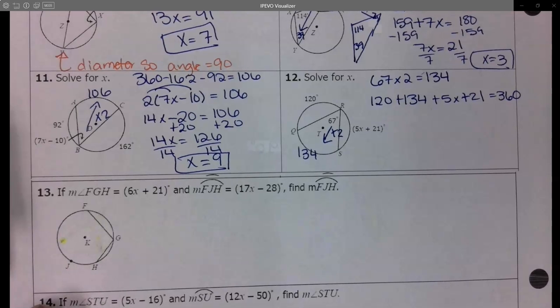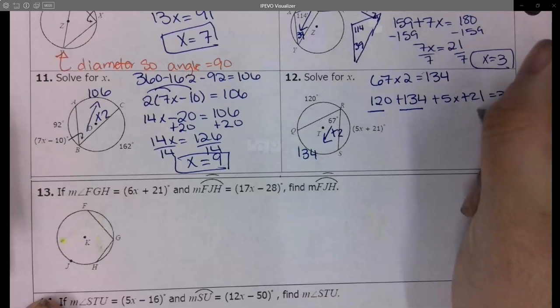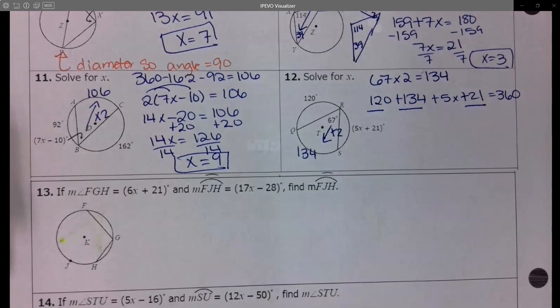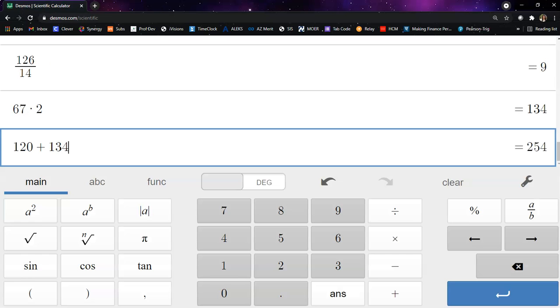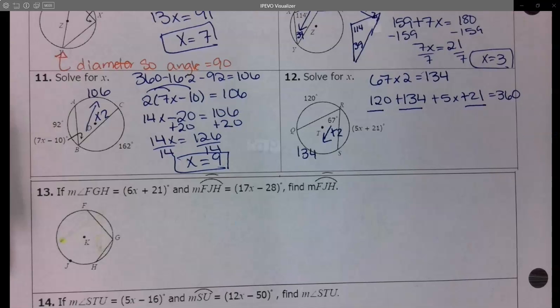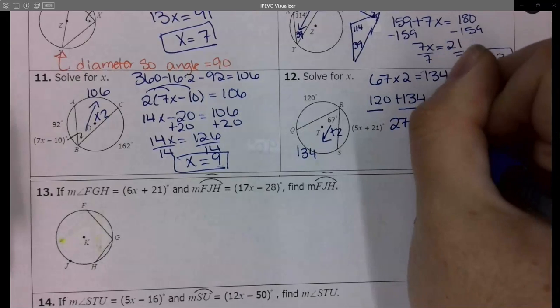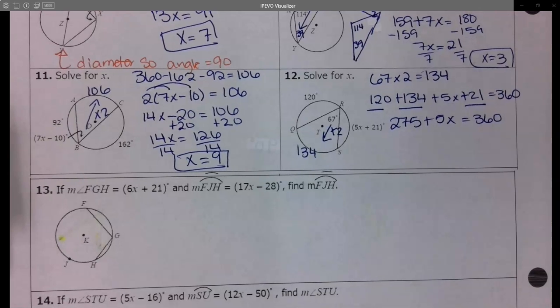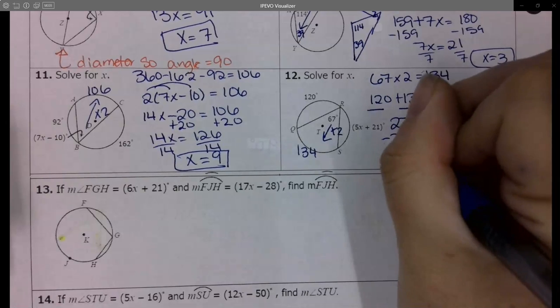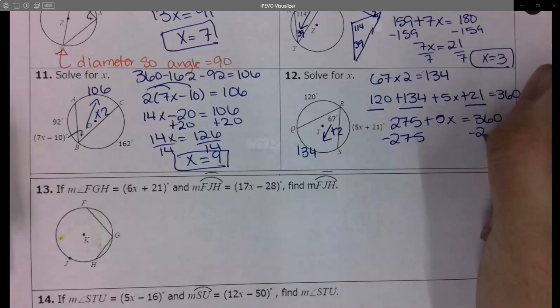So I want to go ahead and combine like terms. I'm going to add the 120, the 134, and the 21, which gets me 275. Then I want to go ahead and subtract 275 from both sides.